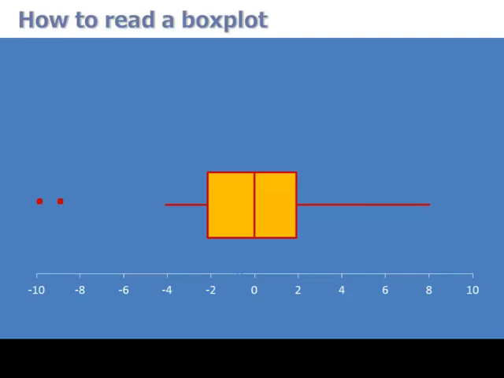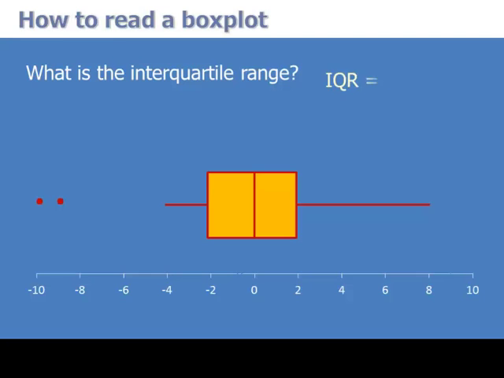We might also ask, what is the interquartile range? Recall that the interquartile range is equal to Q3, the third quartile, minus Q1, the first quartile. In a box plot, the third quartile is represented by the right side of the box, and the first quartile is represented by the left side of the box.